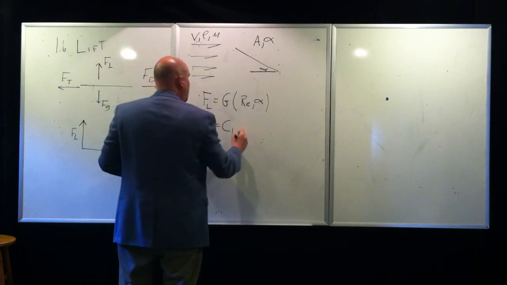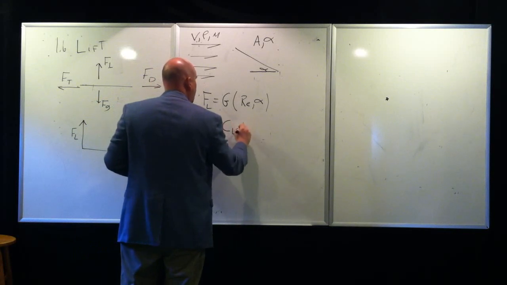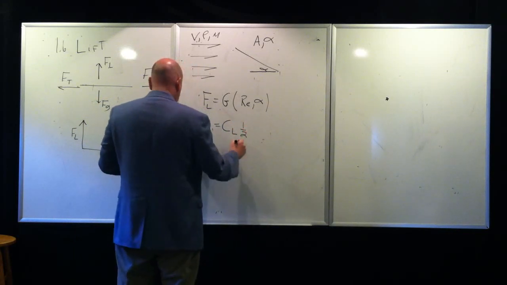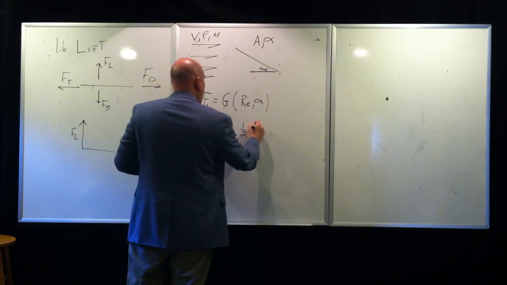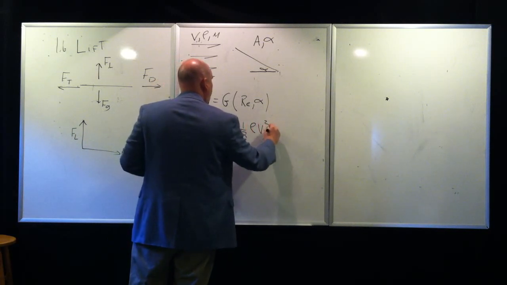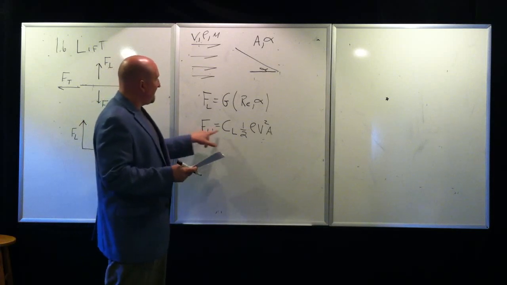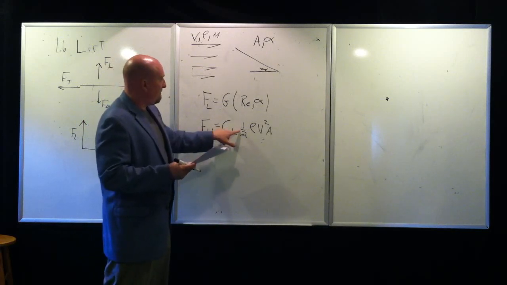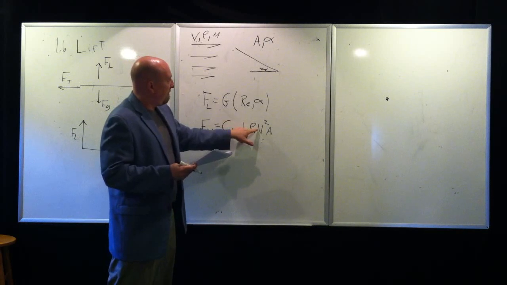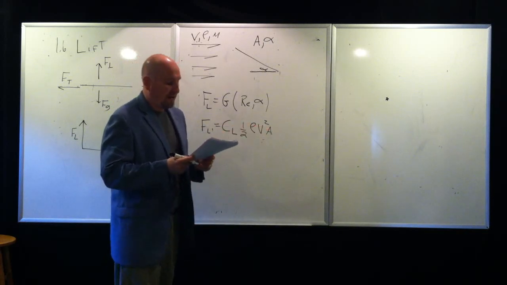So the force of lift is the coefficient of lift multiplied by 1/2 multiplied by rho velocity squared times the area.